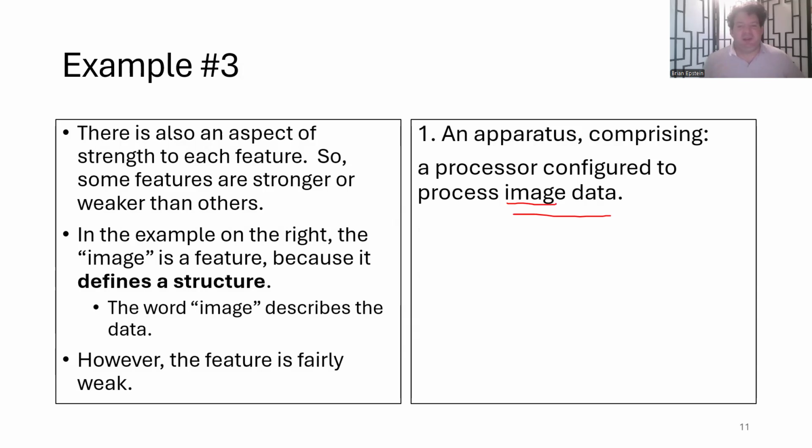It's anything that's an image data. We don't really know what that structure is, but it should relate somehow to an image data because we know image data is probably different than, for example, audio data. But the feature itself is fairly weak because we don't know what that means.